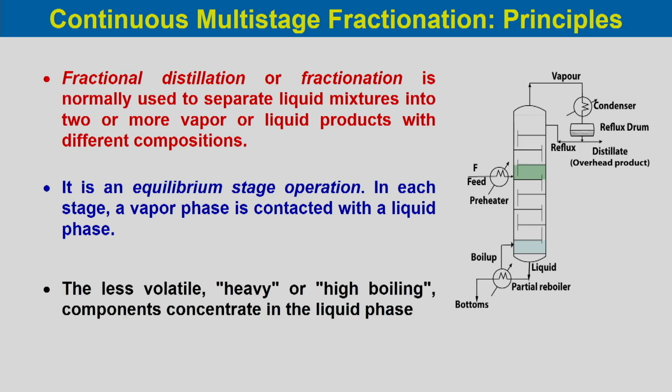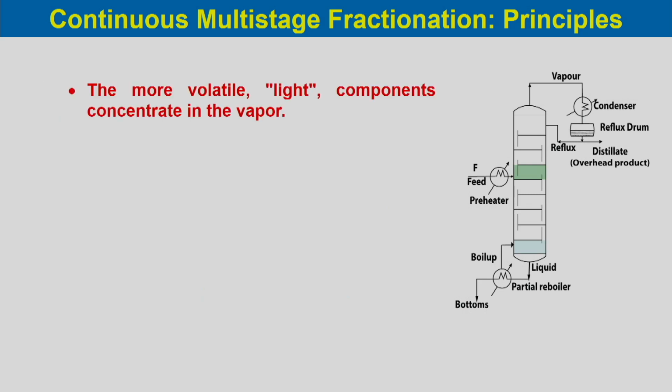The less volatile components, which are called heavy components or the high boiling components, concentrate in the liquid phase, and the more volatile components, which are called light components, concentrate in the vapor phase.